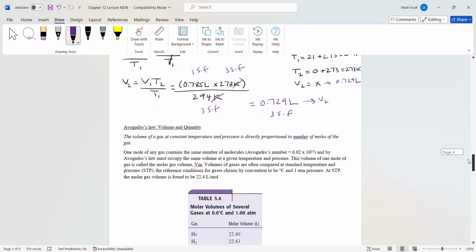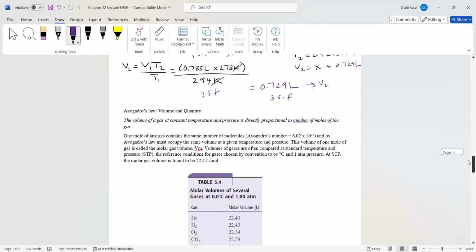Let's go to the next law here, which is Avogadro's law. And it has to do with volume and quantity. We won't do any problems. We'll just explain this. So this is a relationship between volume and the number of moles. So V and the number of moles. Let's read the statement.